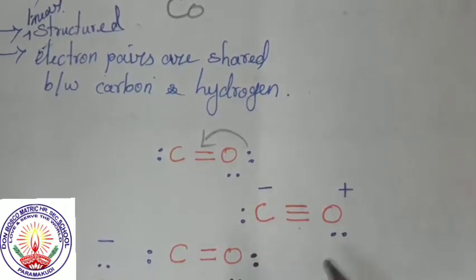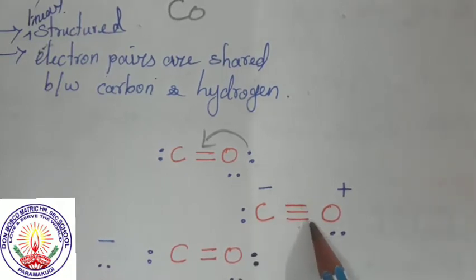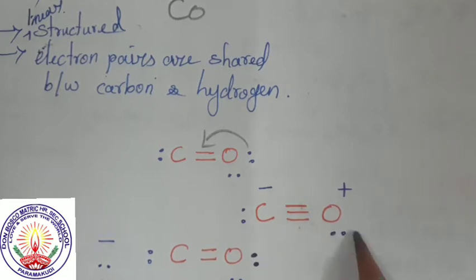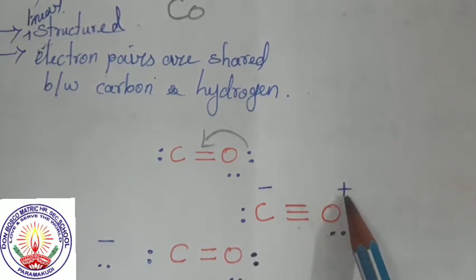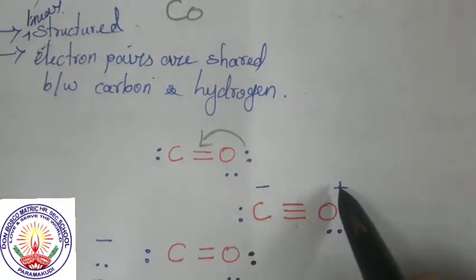So now we shall count it. Here 3 electrons are used, shared in bonding. So 3, 4, 5. This is less than its electron count. They are supposed to have 6 electrons. When it is less than that, we give a positive symbol to this.